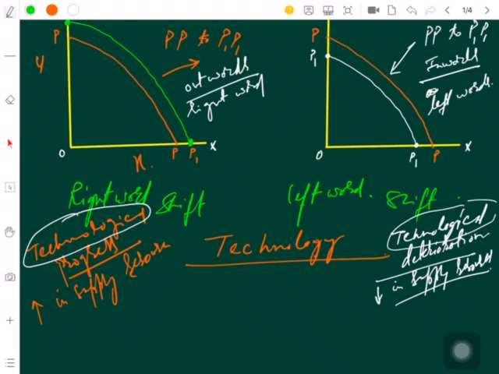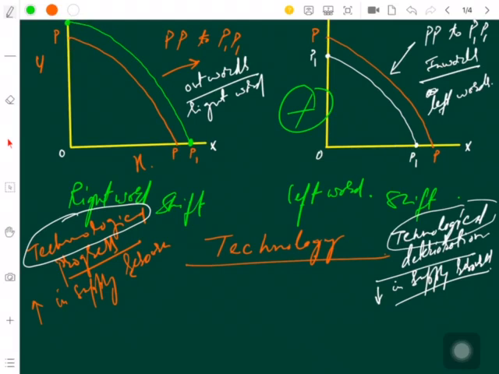And the leftward shift will take place only when you have the opposite of that, that is, wear and tear or breakdown of machinery. The production process is going on, some of the machinery has broken down, so it is obvious that production will decrease. Or you have exhaustion of some natural resources. Or you have non-availability of equipment parts or skilled labor, or your technology becomes obsolete, as I was saying.